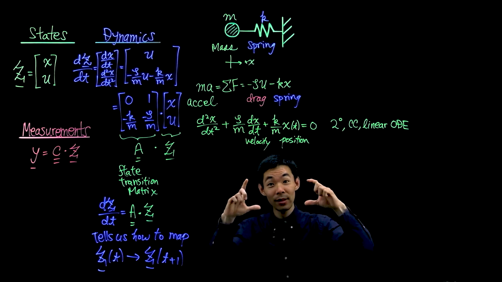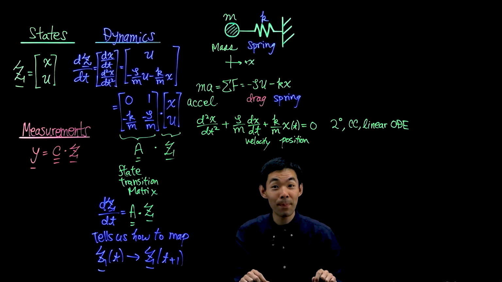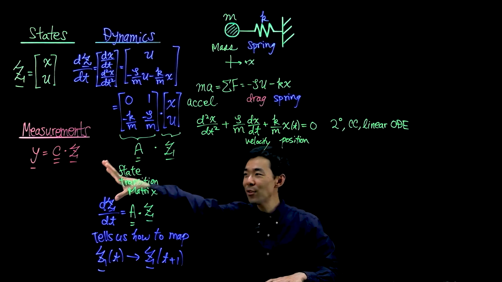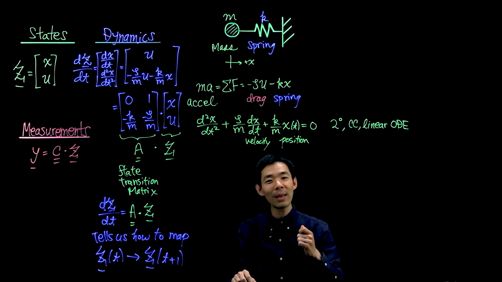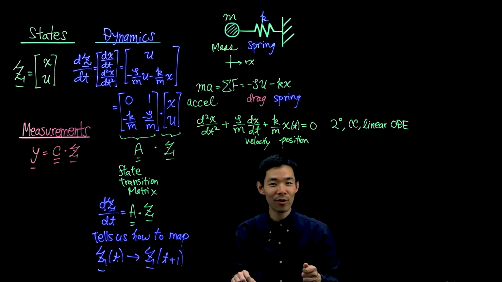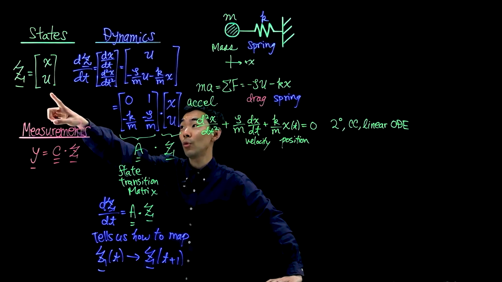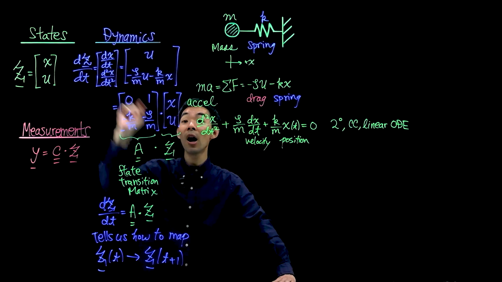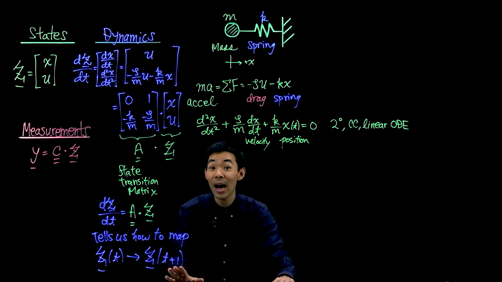You don't have that measurement available to you. You only have a measurement from a camera, which can only take pictures, which only has access to position. So your measurement, y, would only be x. You do not have measurements of the velocity, u. So here's a situation where you have a partial measurement of your full states, but not your entire state.